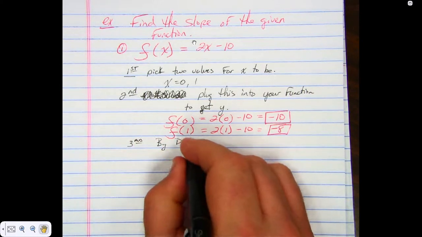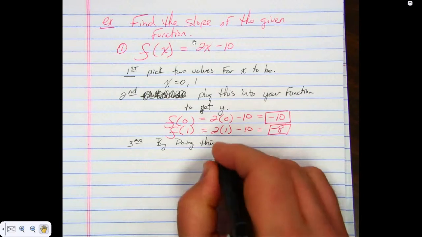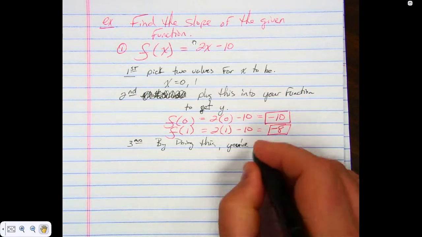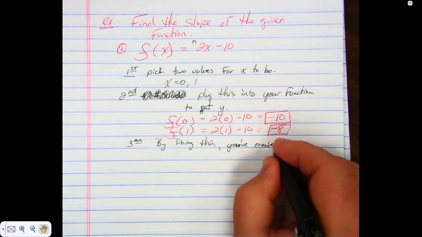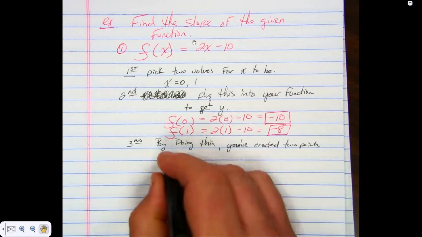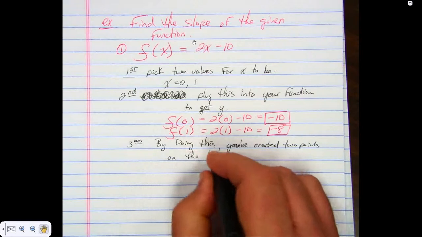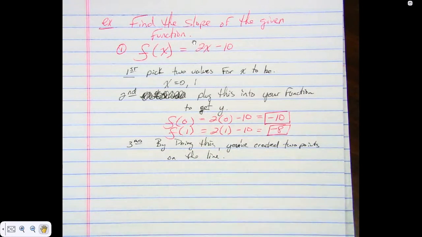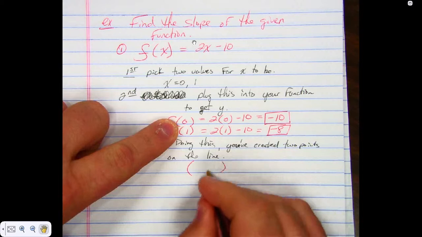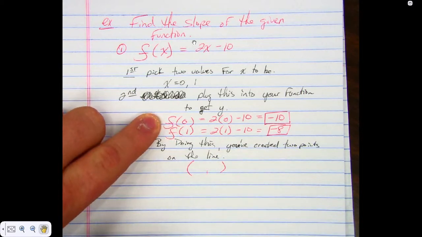By doing this, you've created 2 points on the line. What are the 2 points we've created? What was x in the first one?